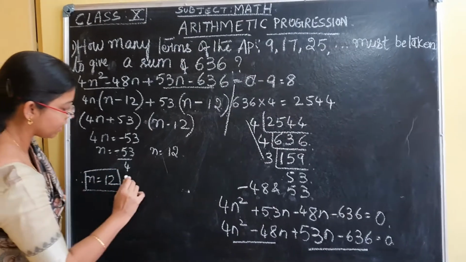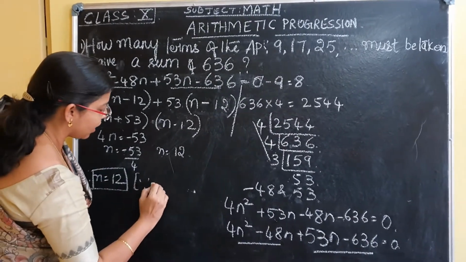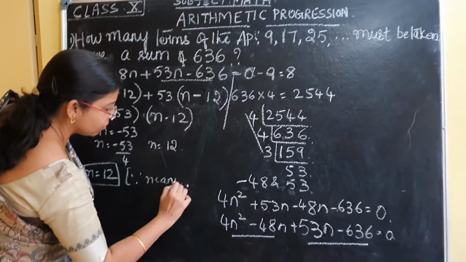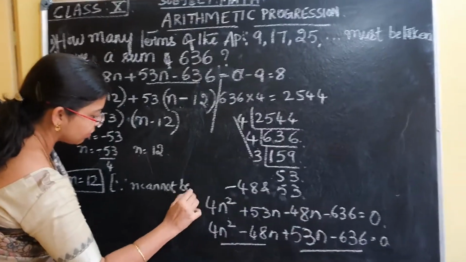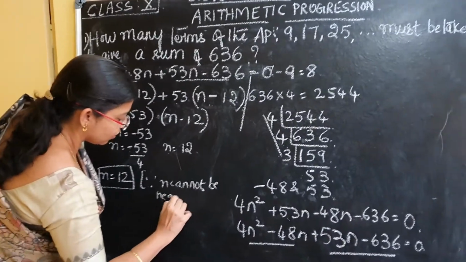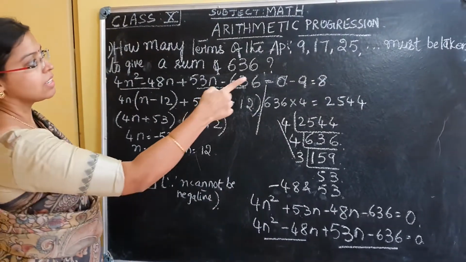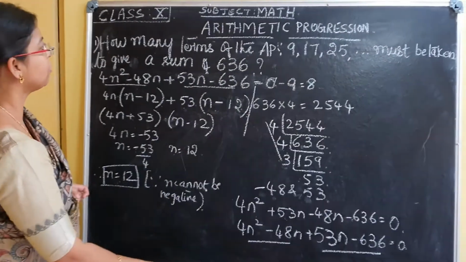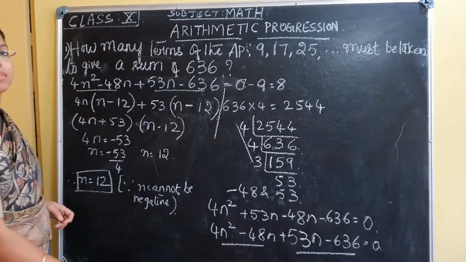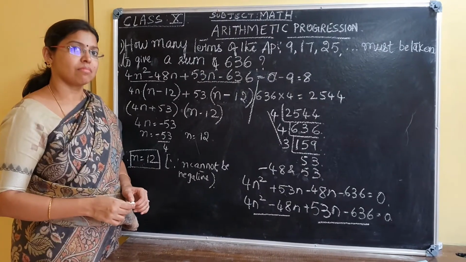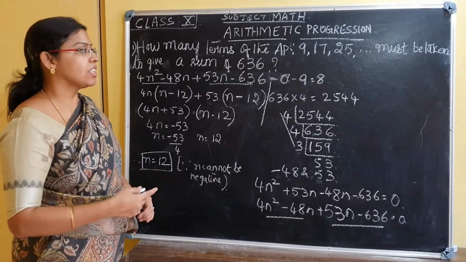We can write the reason as, since n cannot be negative. Therefore, the number of terms here is 12. They have asked us to find the number of terms. Okay, Shubhan, we will continue in the next session.